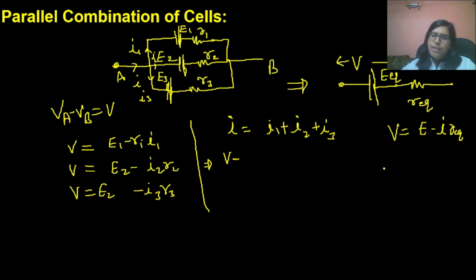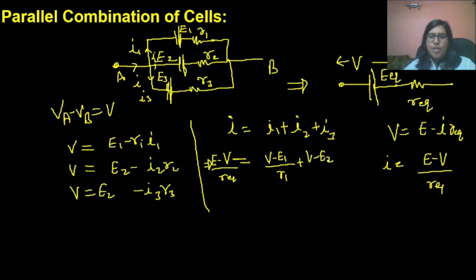So from here I will be E minus V upon R equivalent, right? This will be equal to I1 plus I2 plus I3, where I1 will be V minus E1 upon R1, then V minus E2 upon R2 and V minus E3 upon R3.